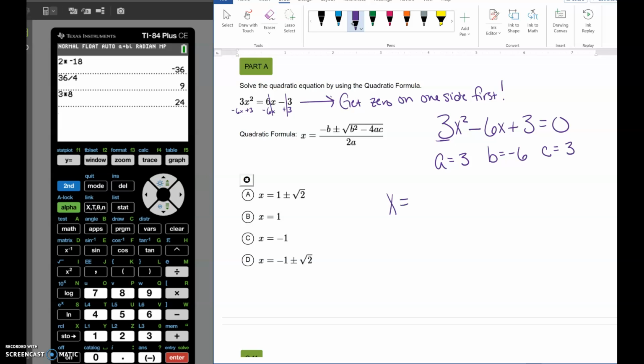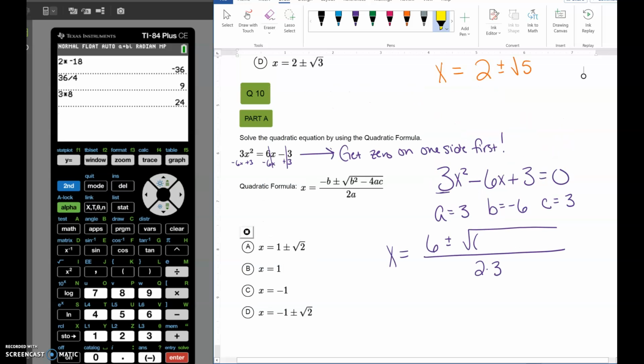So x equals the opposite of b, +6, plus or minus the square root of b squared minus 4 times a times c, all over 2 times a. And I always deal with the stuff under the radical first.